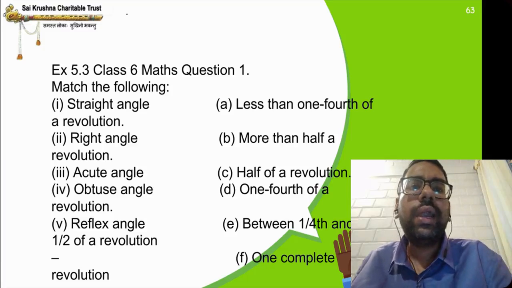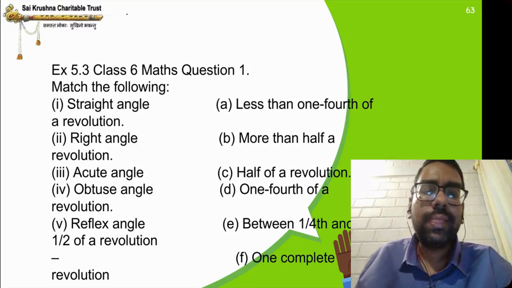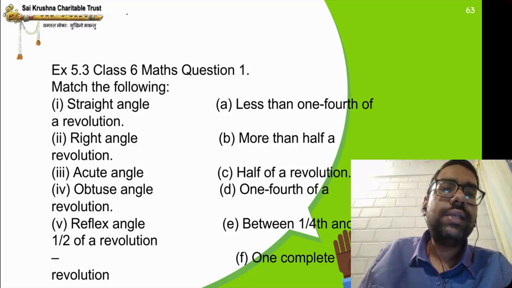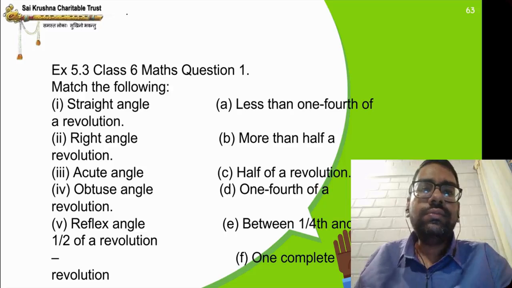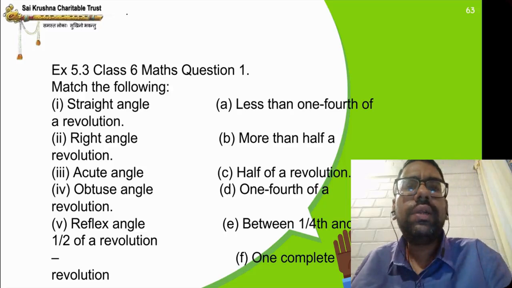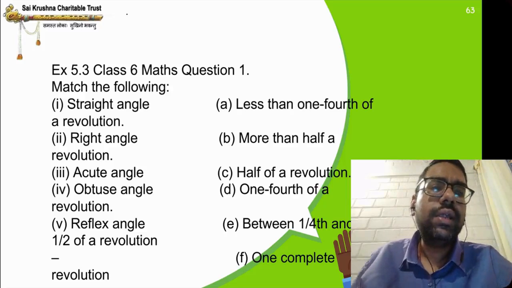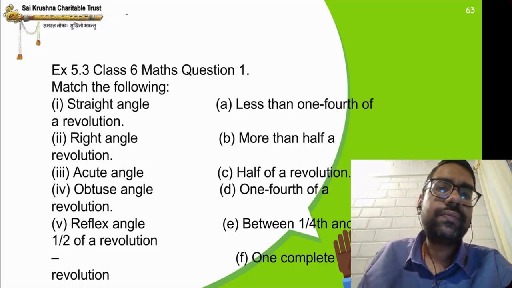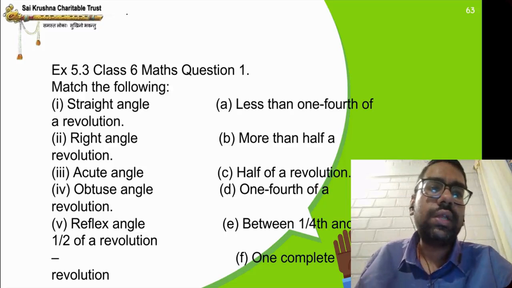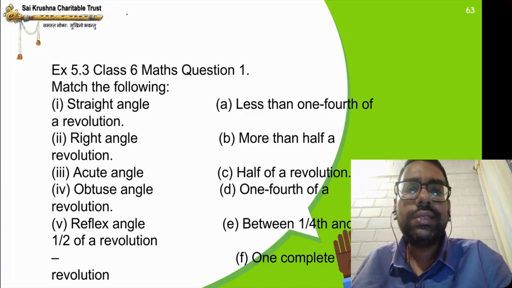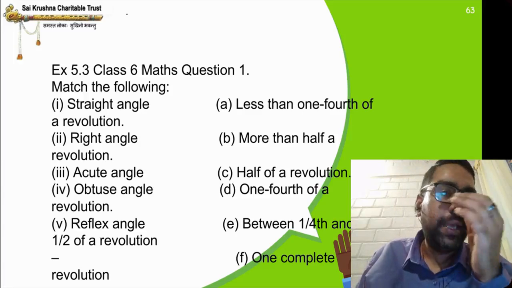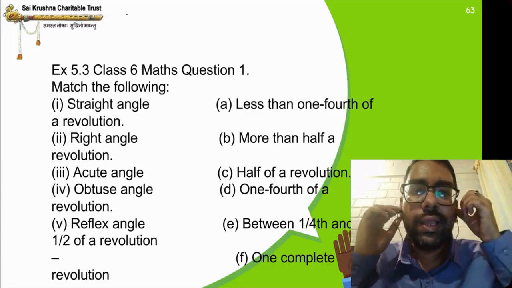Right angle: when an angle formed is 90 degrees, it is called a right angle, or we can say a 1/4 revolution.